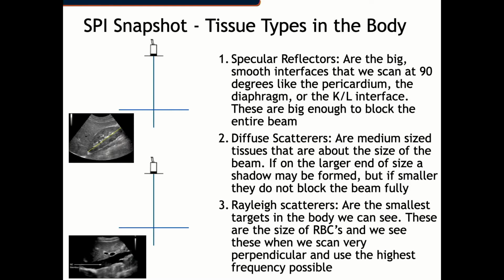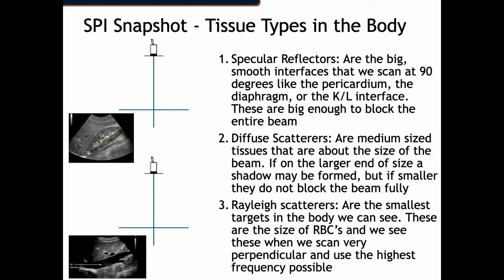At this time, I want to do an SPI snapshot, and it's going to be talking about the tissue types in our body. And I want to talk about this today because we're talking about looking at images and looking at fluid or blood. So in our body, we have very big reflectors, like our diaphragm or our kidney-liver interface.